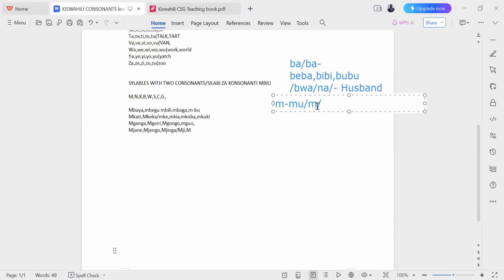In Swahili, M has a lot of words where M is followed by another letter. For example, M and B. You can have the word mba.